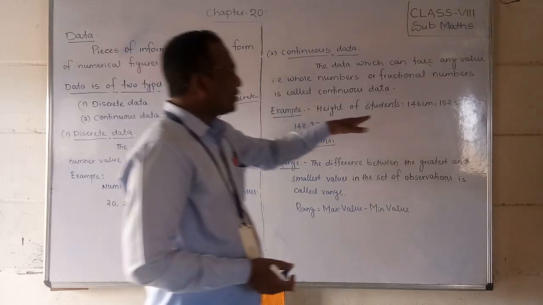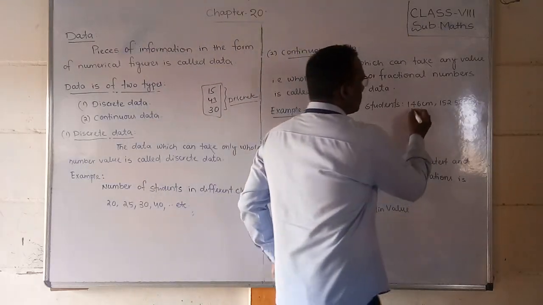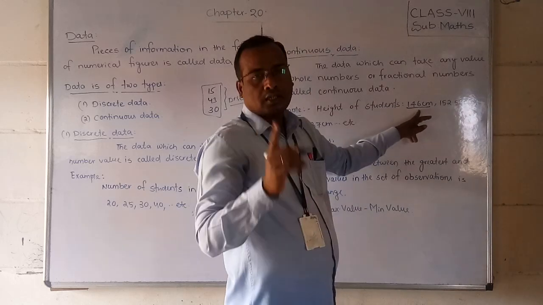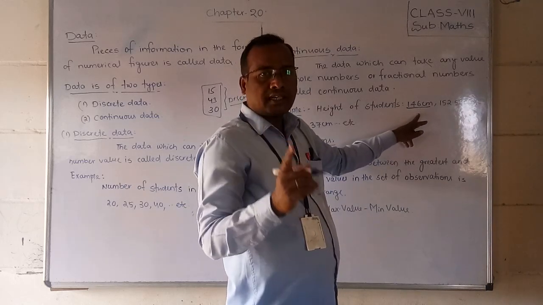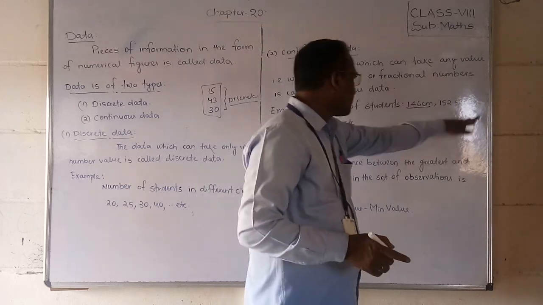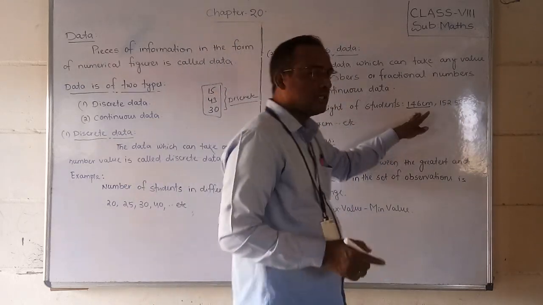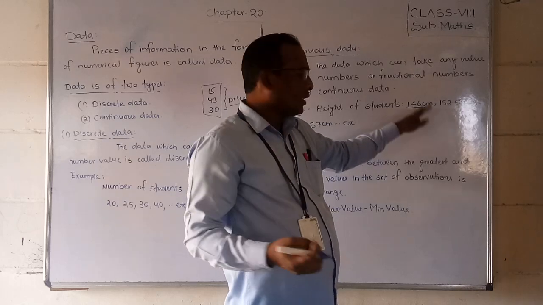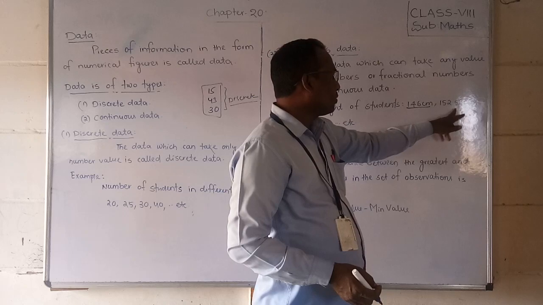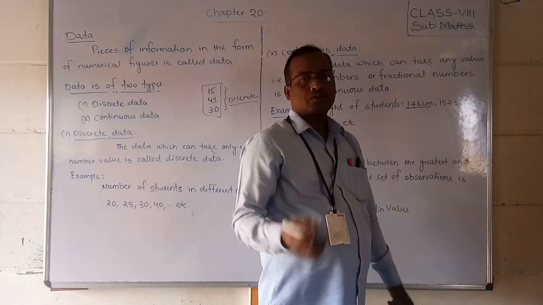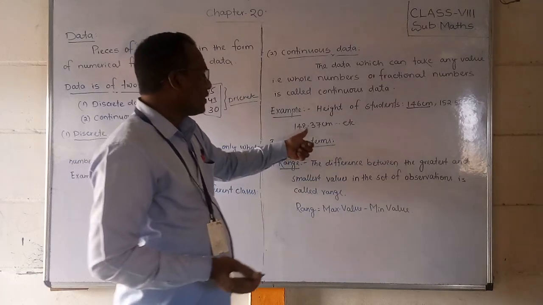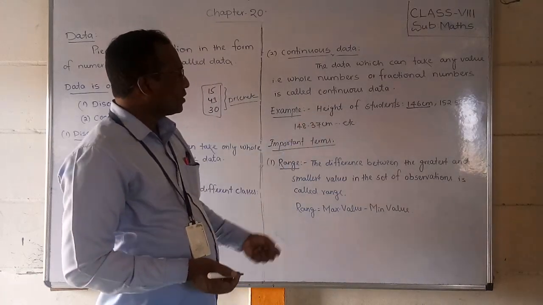Example: the height of students, 146 centimeter. This is a whole number, so we can say it is discrete data, but we can also say it is continuous data, because many data values are being arranged. 152.50 is a fractional number too, because it is a decimal number, and a decimal number can be converted into a fractional number. 148.37 is also a decimal number.